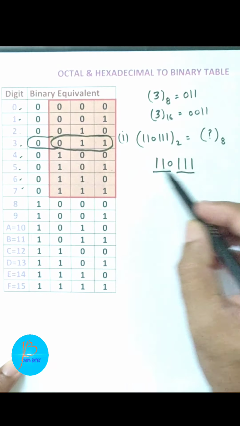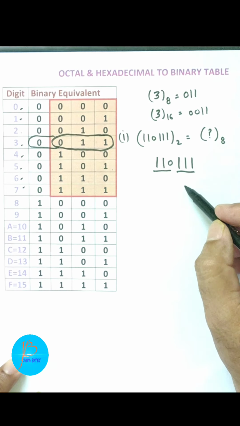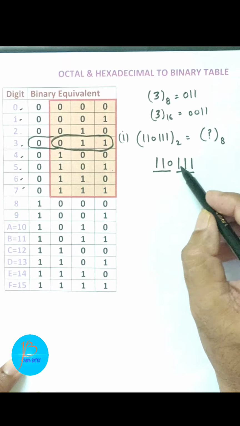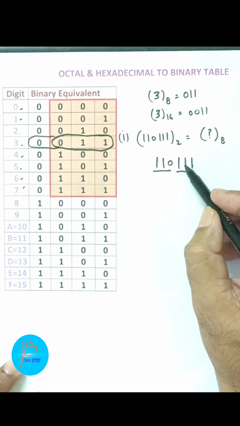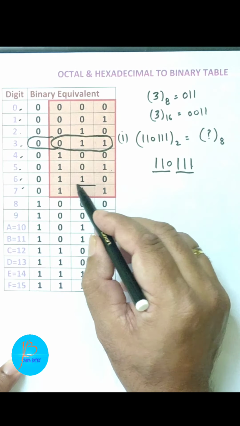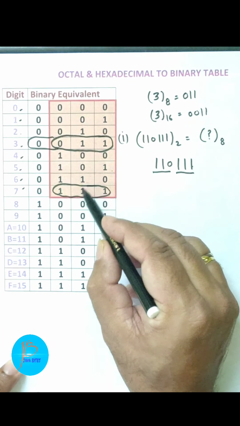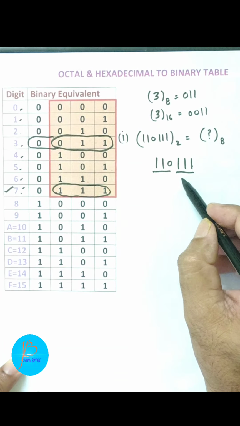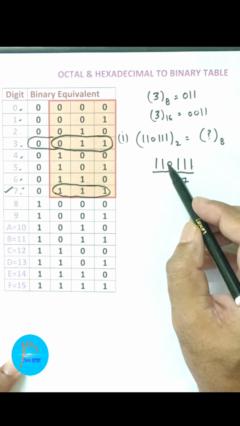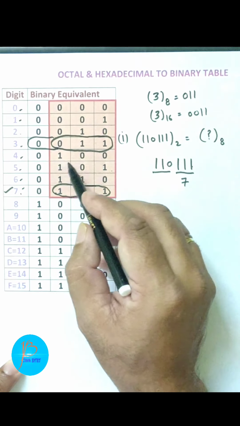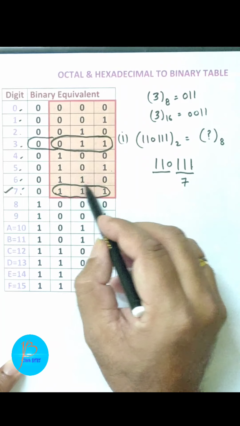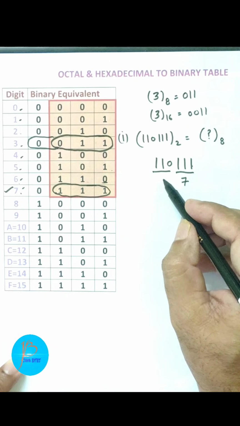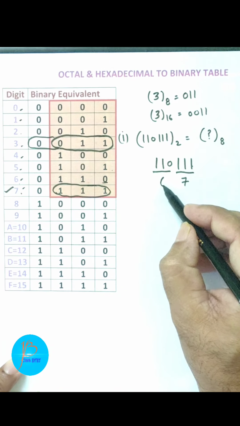Now from the table you can write their octal equivalent. For example, look at the first group, 111. You can see that triple one's octal equivalent is 7, means it represents octal 7. And 110 is equal to 6.